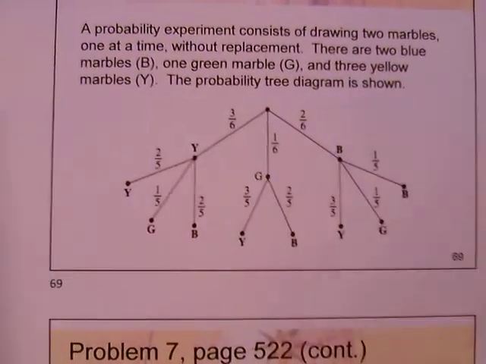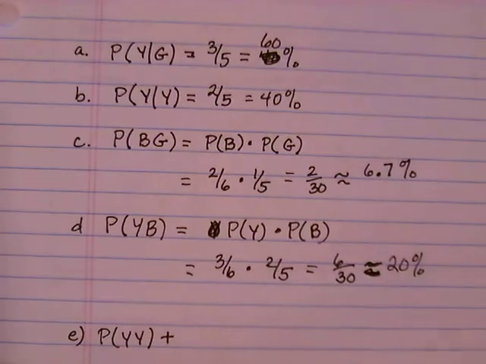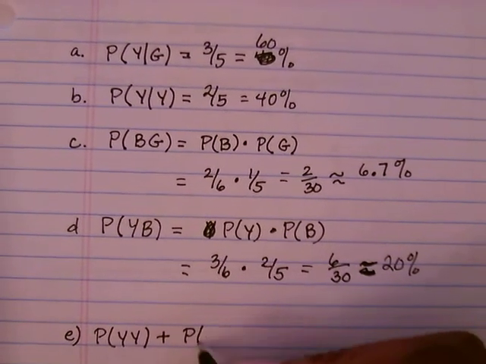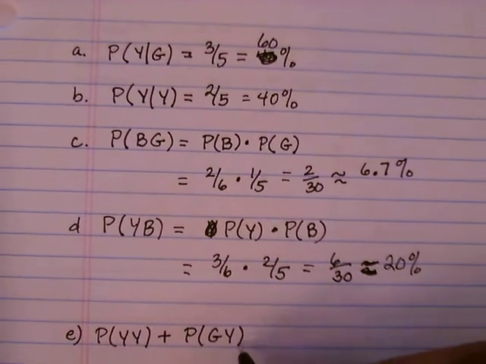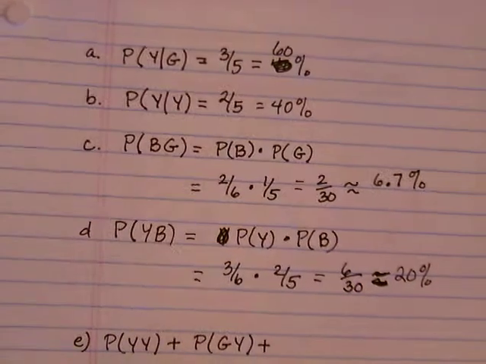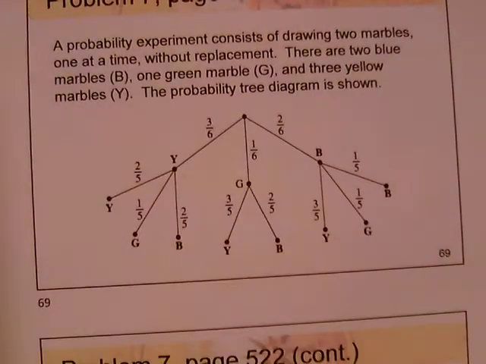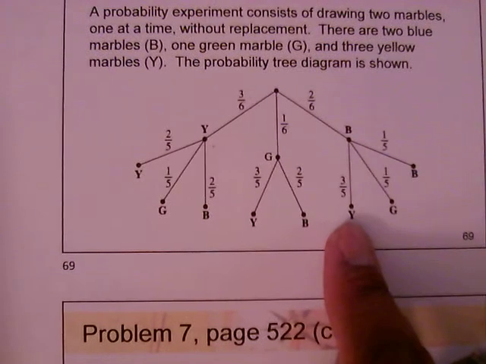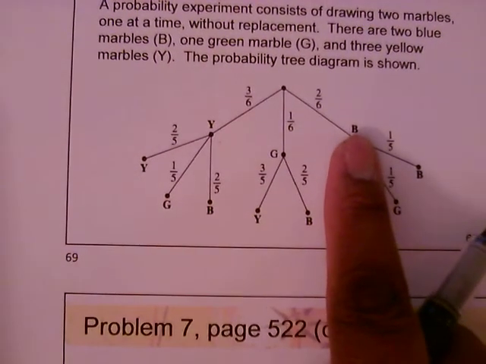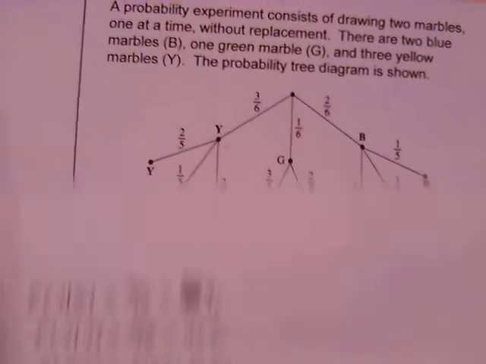So we need to add to that the probability of getting a green and a yellow, plus there's one more possibility. This being yellow means the first one can be blue, so the probability of getting a blue and a yellow marble.